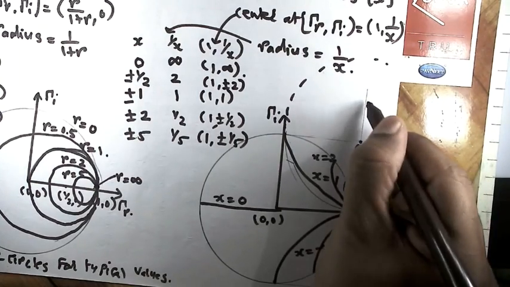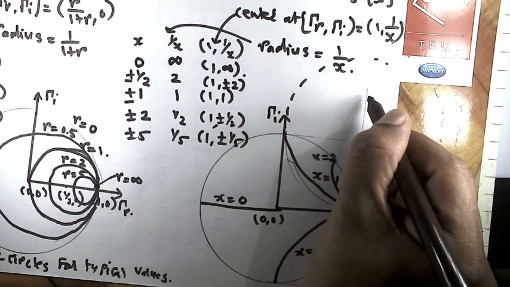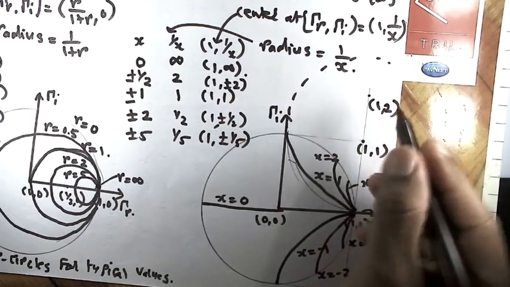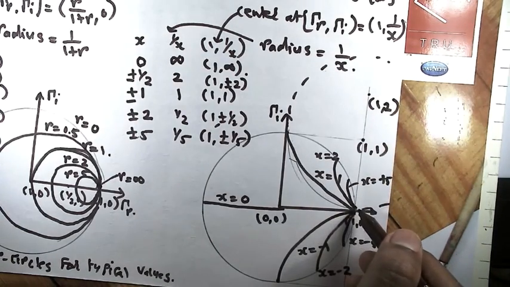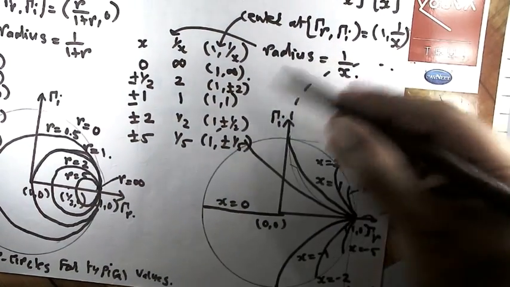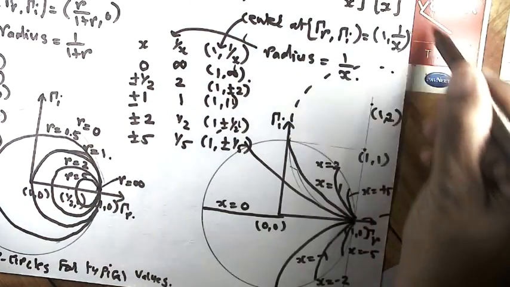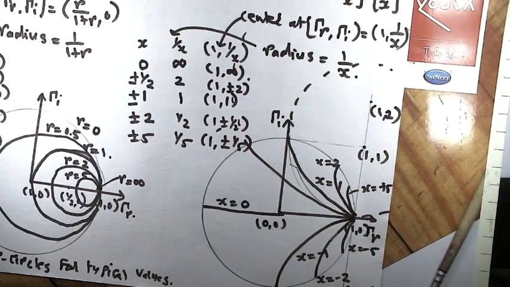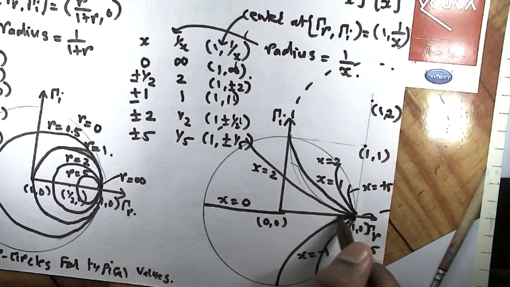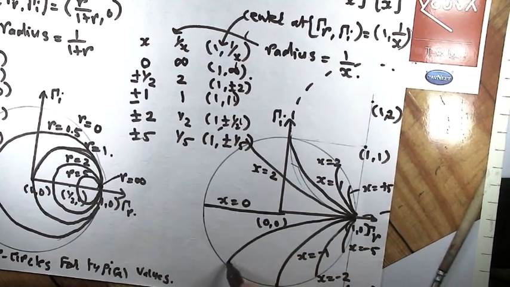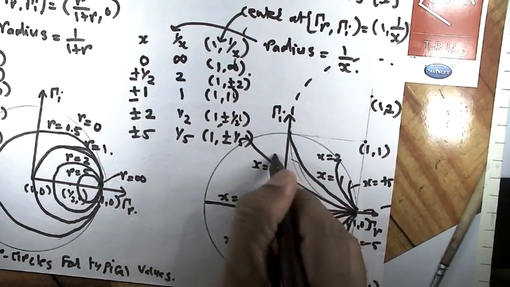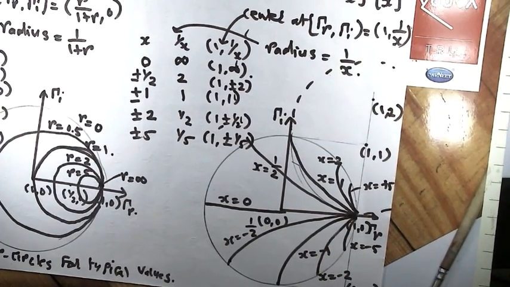For example, if I put the positive side, I may have the (1, 2) point, and with a radius equal to 2, approximately I may get the circle lying in this fashion, and it will end here. So this circle becomes x equal to positive 2. In the same way I may have a typical value for the x equal to minus 2 circle, sorry, 1 by 2 and minus 1 by 2.